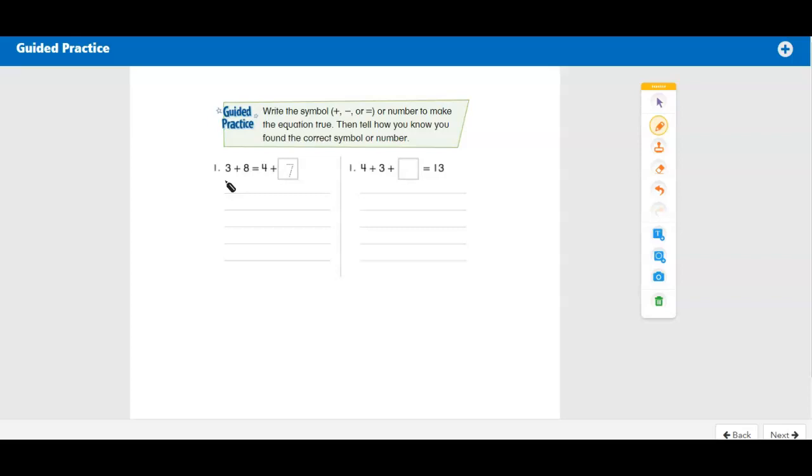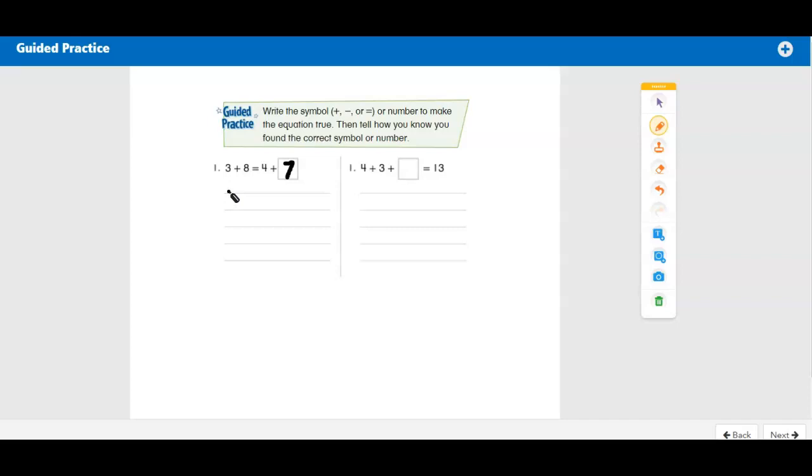So the first one has already been completed for us, so let's see how they were able to determine this. So we had 3 plus 8 equals 4 plus 7. So they got the answer of 7 here in this blank. Now remember, it told us that we are either going to be writing a symbol or a number. So as we get into our independent practice, sometimes you have to add a symbol in the box or in the blank, and sometimes it'll be a number.